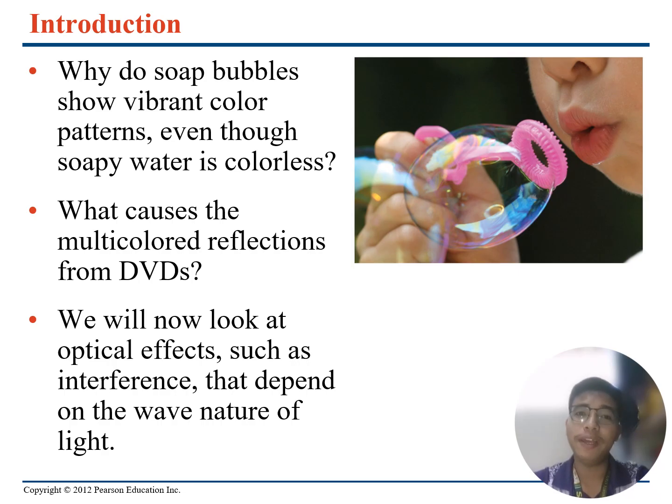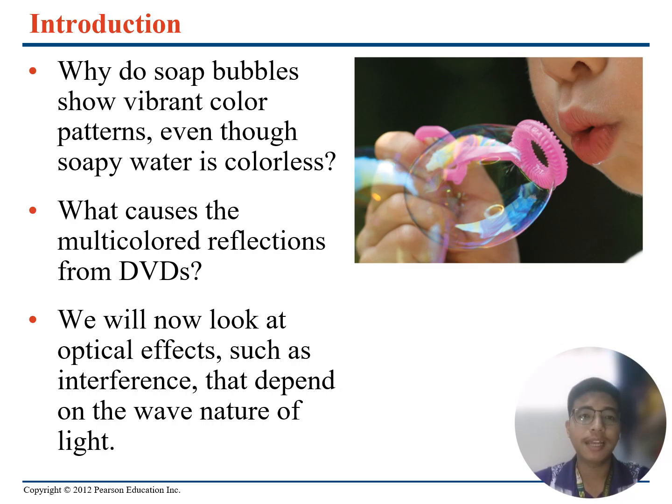Interestingly, soap itself is colorless, yet the bubble displays brilliant shades of blue, green, yellow, and red. Similarly, DVDs and CDs often exhibit multicolored reflections when exposed to white light. This phenomenon occurs because of interference.